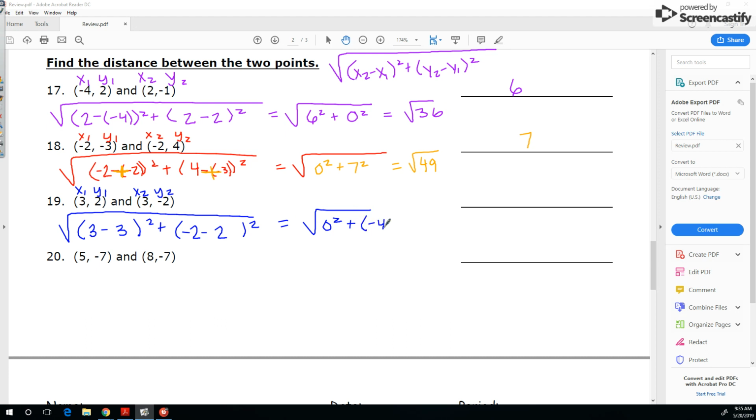Okay, be very careful if you type this part into your calculator, because underneath here, -2 minus 2 is -4. You need parentheses around any negatives that you're using anytime you square it. So -4 times -4 is positive 16. And the square root of that is 4.